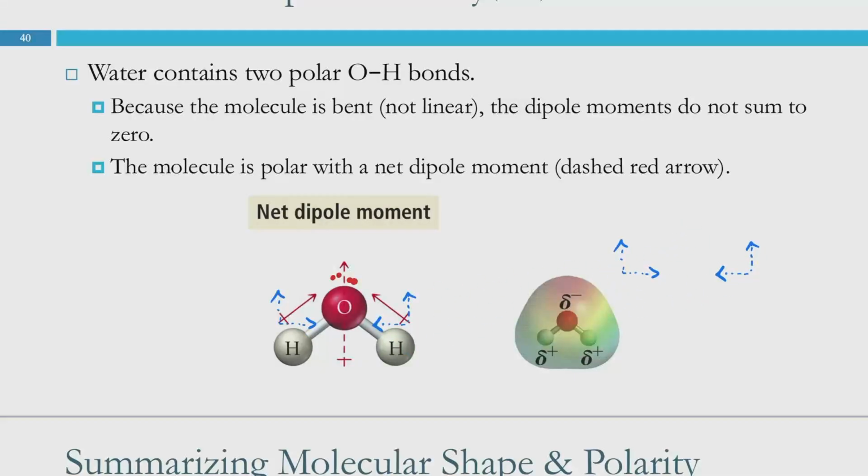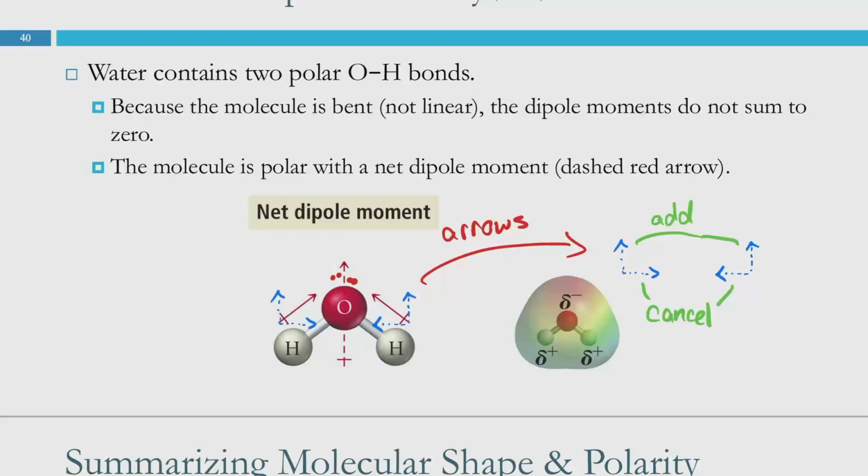So just pulling out the arrows. Those two arrows cancel. These two arrows add.